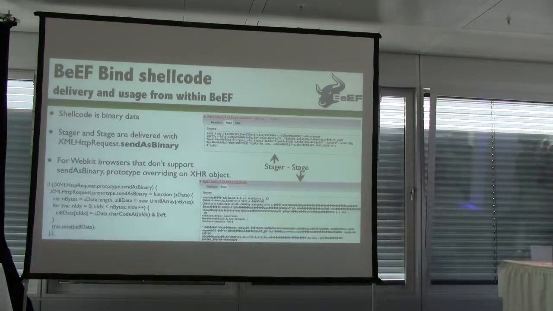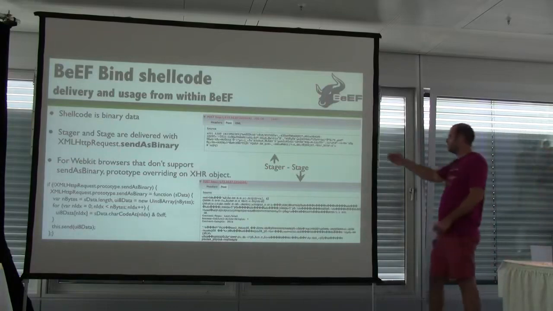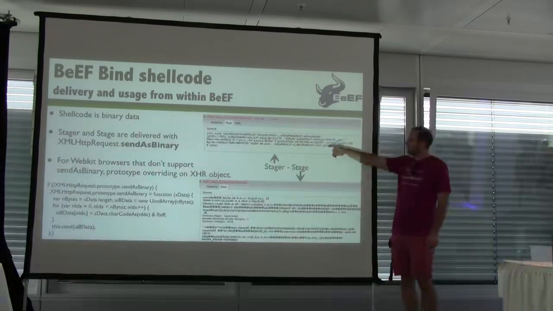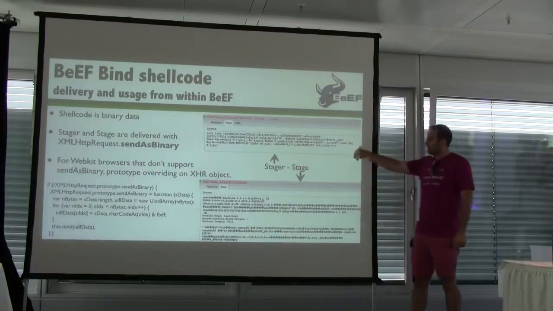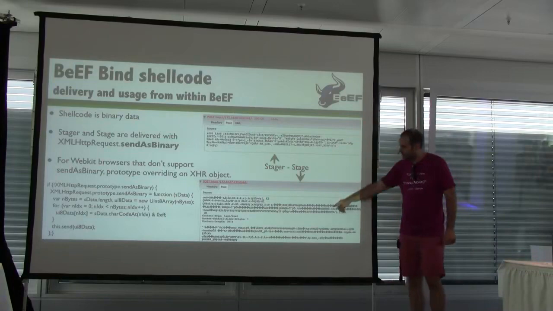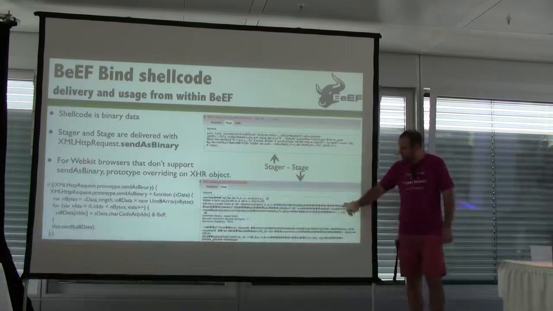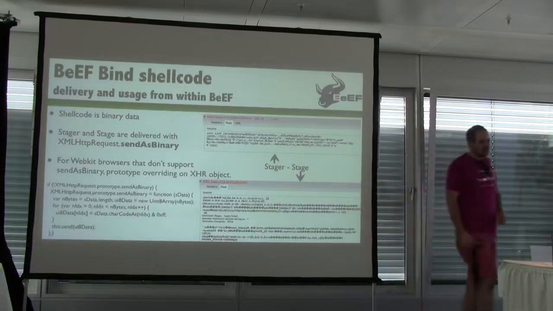There will also be Wireshark screenshots anyway. So this is, for example, the cross-origin POST request with the exploit and the stager inside, and then the second one is on the port that is bound by the stager, 4444, and is the delivery of the stage.